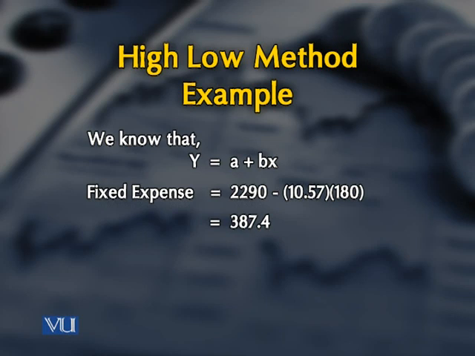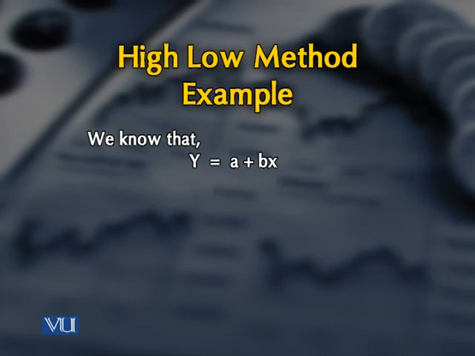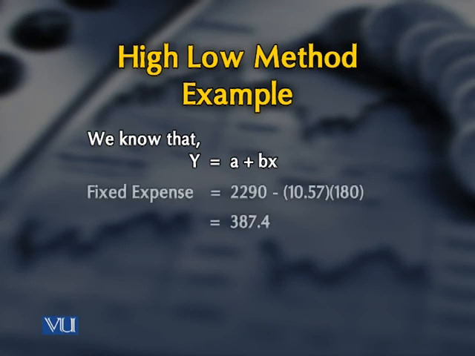Now, generally this equation is used in segregating variable cost and fixed cost: Y = A + B X. Y is the total cost, A is the fixed cost, and B is the variable cost per unit, with X being the units. Per unit here means hours or units produced. So this is how we can segregate the variable cost and fixed cost.